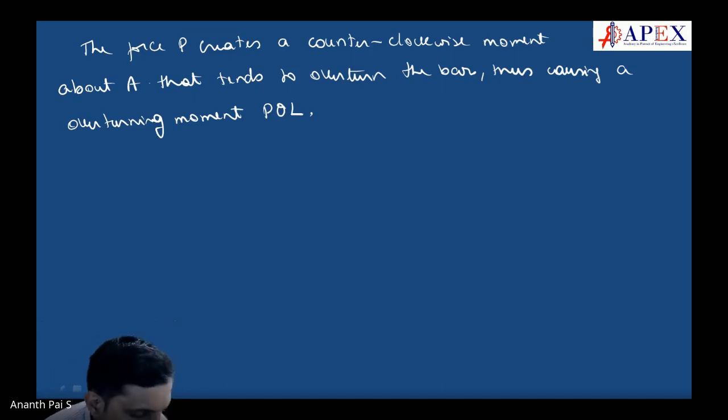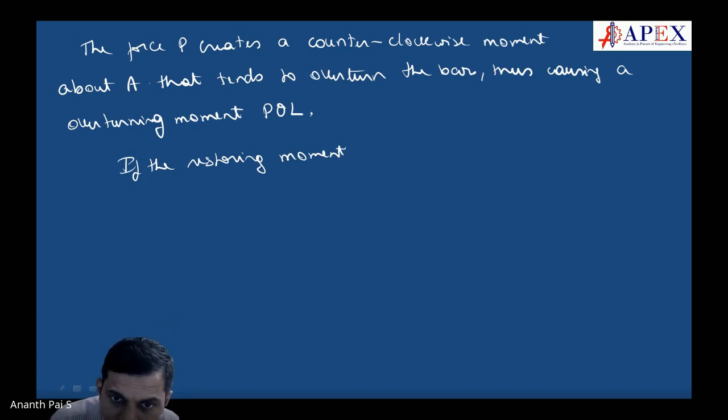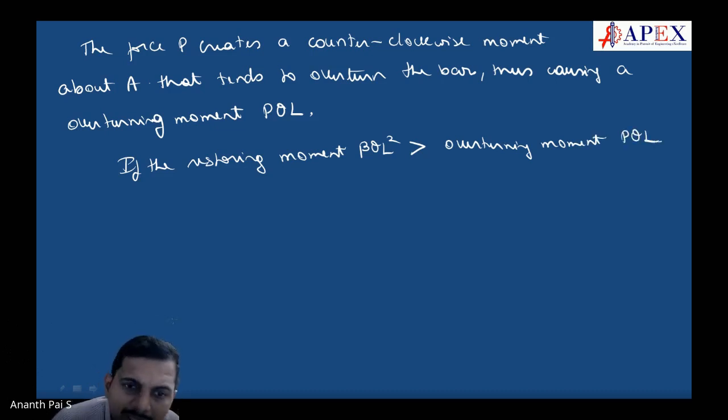So now, if the restoring moment, which is beta theta L square, is greater than the overturning moment P theta L, then what happens? Then the system is stable.